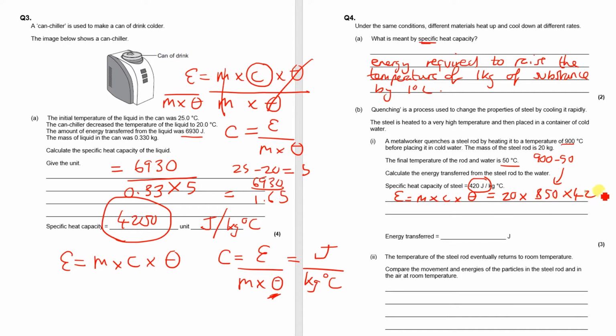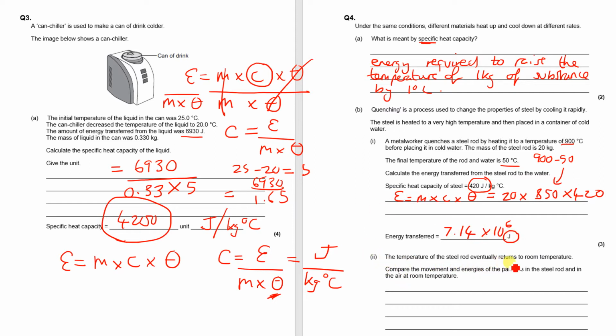So that's 420. If we multiply those together, we will get 7.14 times 10 to the 6. So I put this in standard form because it's quite a large number and it's asked for the number in joules. So we can't convert it into kilojoules or megajoules because it's already asked for it in joules.